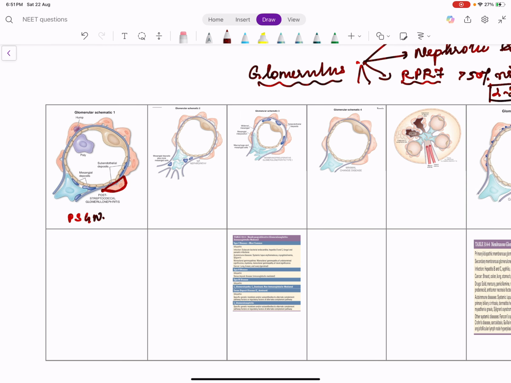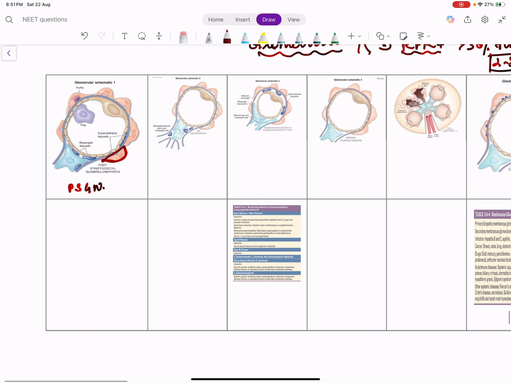Okay. So usually when we do a biopsy, we see light microscopy, and there we have to pick up some findings. Then we see immunofluorescence, because I told you most of the glomerulonephritis will be immunological diseases. So we have to see immunofluorescence to see what type of deposit, whether it is IgA, IgM or IgG, or what type of pattern, which antigen is getting targeted.